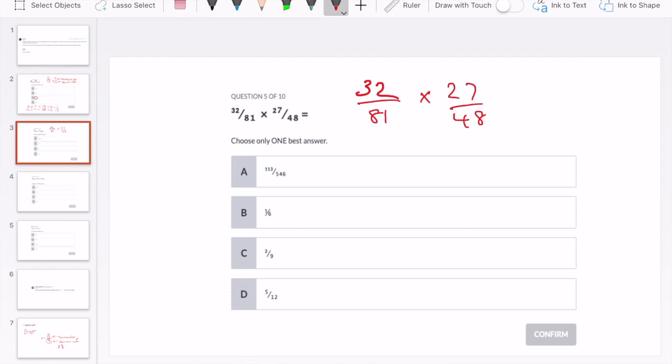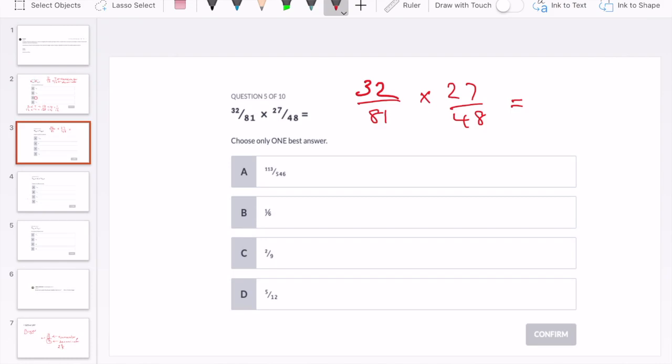Again, we need to know our multiplication times tables, how we can work out numbers, and how they are shown. As I look at 32, I know that there's a number that goes into 32 which would also go into 48.